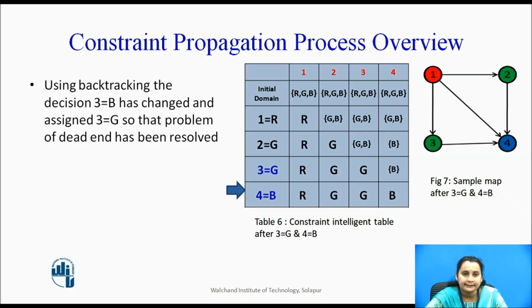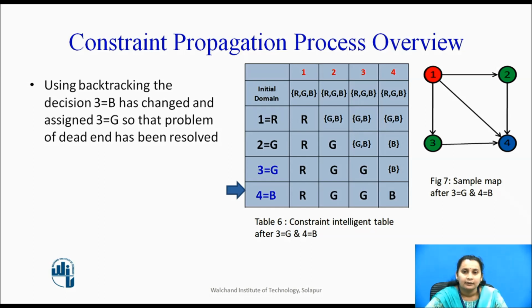In the next step, we have changed that decision: instead of blue color, we have assigned green color to the third node. We can see in the diagram that after assigning green to the third node, we can now assign blue color to the fourth node.